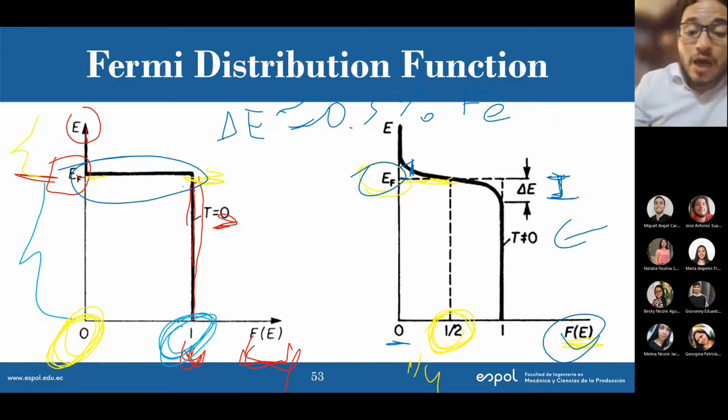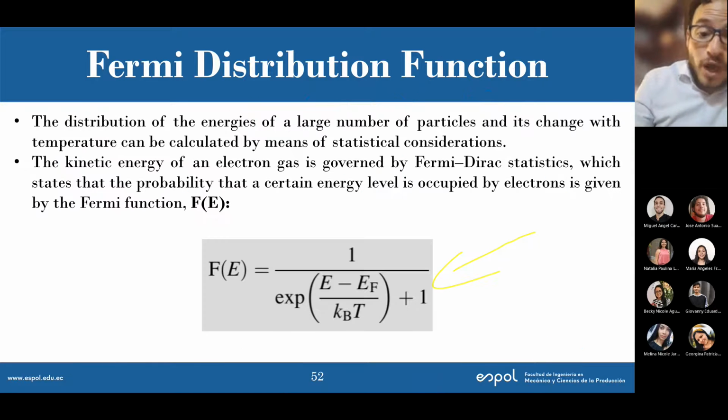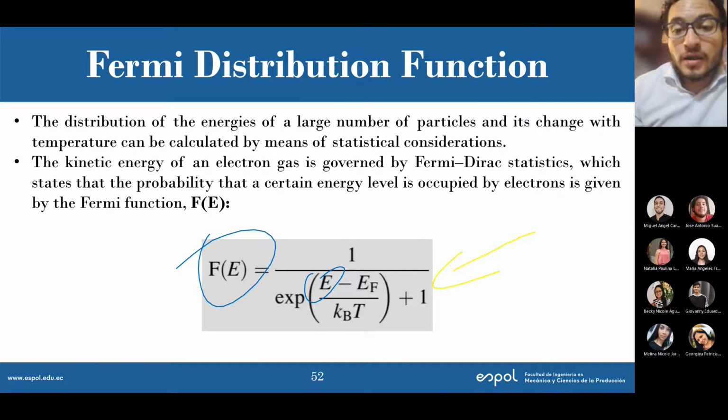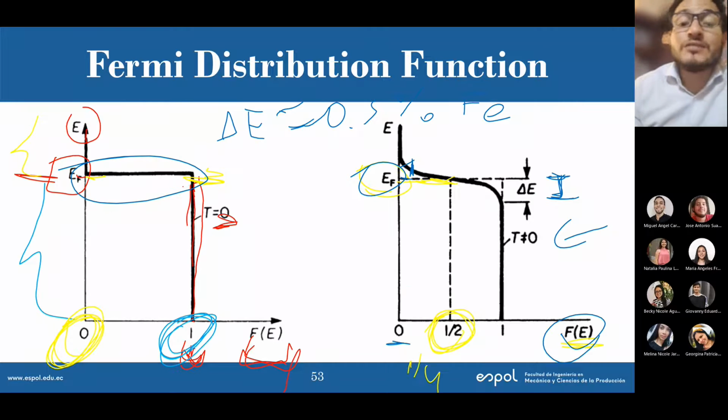But this is basically how this function looks if you plot E versus f of E. You will get these functions, okay? And this is so important, because this is going to be useful for real case scenarios. As I said, solids have so many electrons.